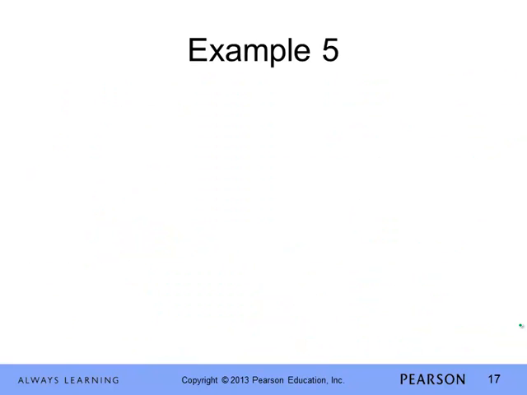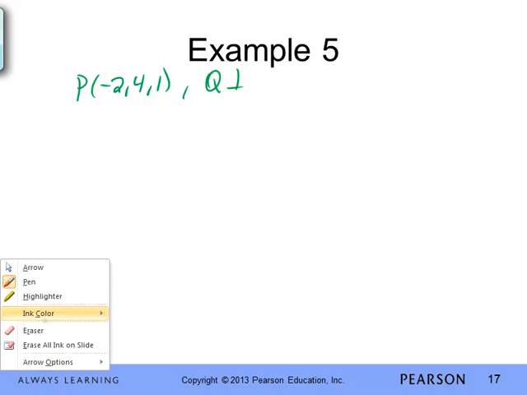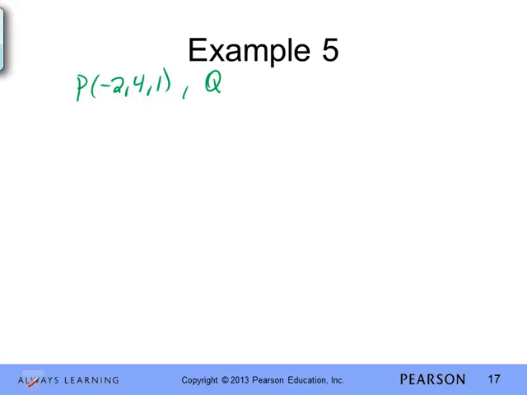Moving along here, let's do another example. Parallel planes. Find an equation of the plane Q that passes through the point P, negative 2, 4, 1, but is parallel to a plane.